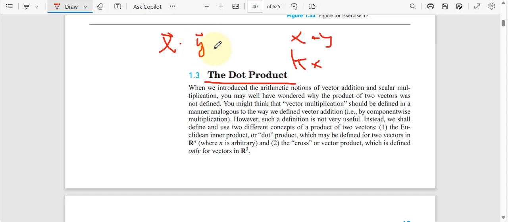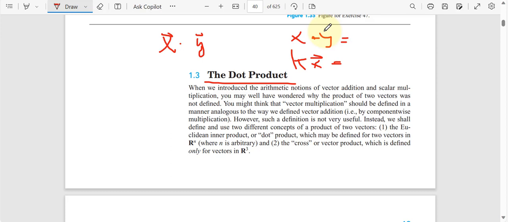Now, this is kind of peculiar because when we add two vectors, we get another vector, right? I emphasized that several times. And when we multiply a scalar times a vector, that just increases or decreases the size of the vector, so that gives us a new vector. In both of these cases, the result is a vector, which is what you would expect when you work with vectors and do things with them, like add them.